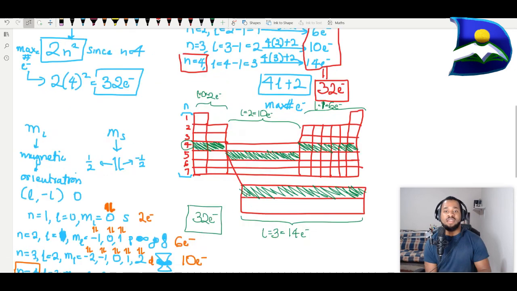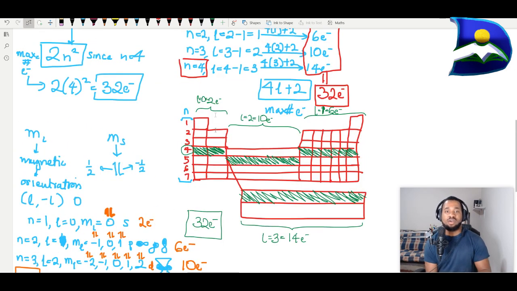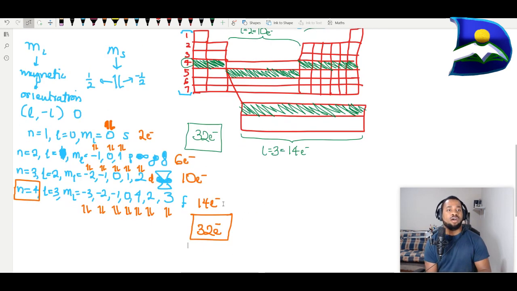This is also connected to the periodic table in terms of the setup, where you can count each cell in the fourth energy level, coming from L equals 0, L equals 1, L equals 2, and then L equals 3. But you can also use the ML, which is the magnetic orientation, alongside the spin quantum number.